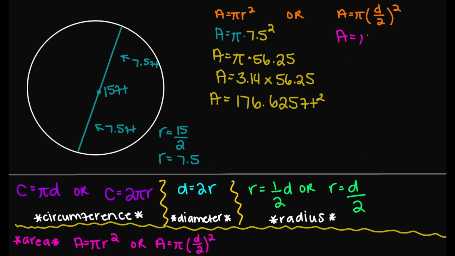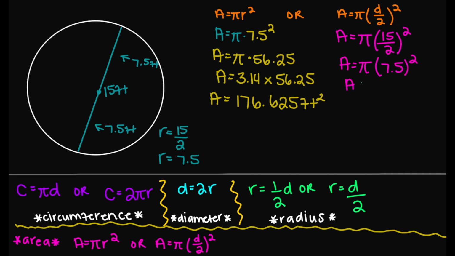So let's say you use the formula here on the right side. We're going to do A equals pi times your diameter, 15, divided by 2, and I'm going to square that. So we have A equals pi times 15 divided by 2, which gives you 7.5 squared.